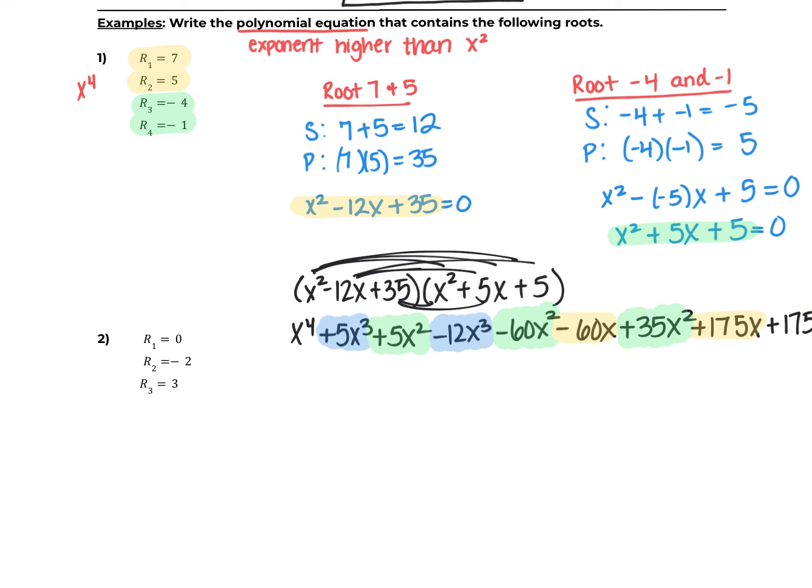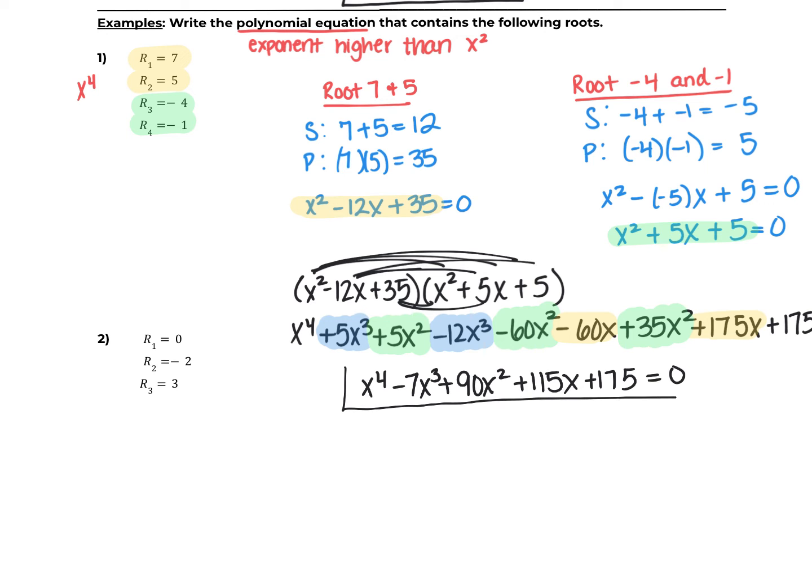So if I combine my like terms, I have x to the fourth minus 7x to the third plus 90x squared plus 115x plus 175. And then just don't forget to put your equals to 0, and this is your polynomial equation. Again, notice that my degree, highest exponent, is 4, and the x to the 4th is what we said it would be before.